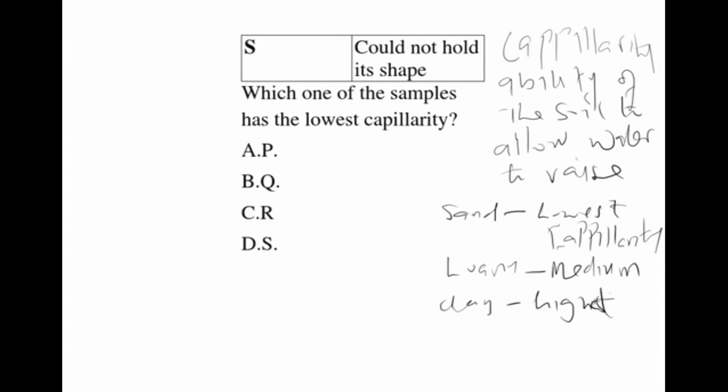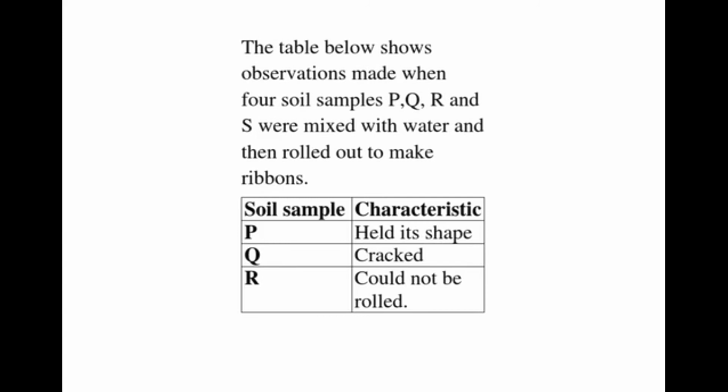Therefore, clay soil is good for modeling, meaning that it is sticky when wet. So it could make the longest ribbon that could hold its shape. So looking at P, held shape, this one is likely to be clay soil.